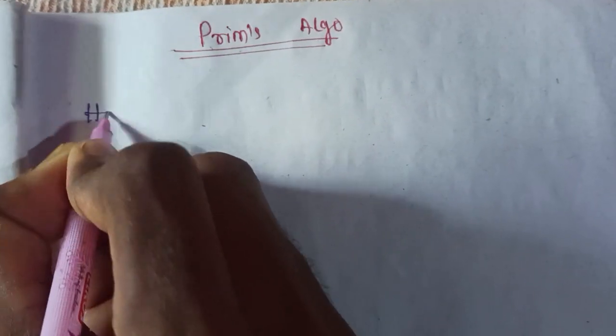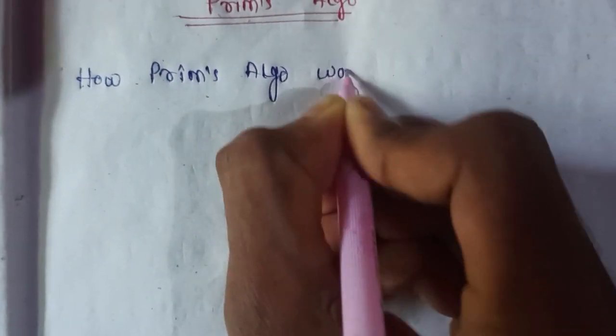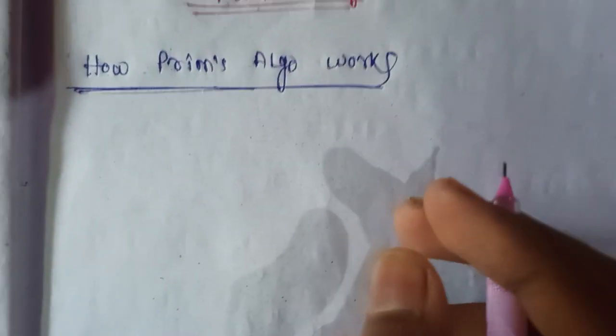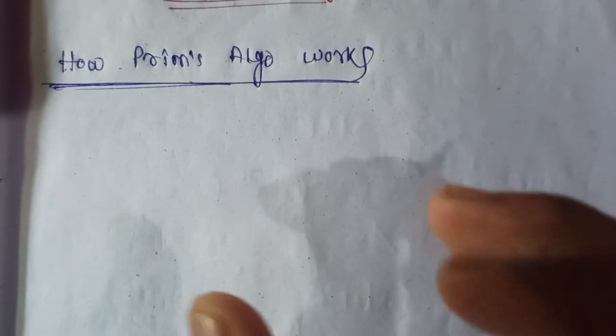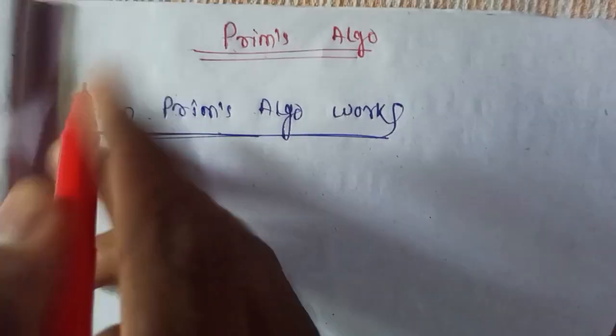How does Prim's algorithm work? There are 3 to 4 steps. With the help of these steps, we can find the minimum spanning tree by Prim's algorithm.